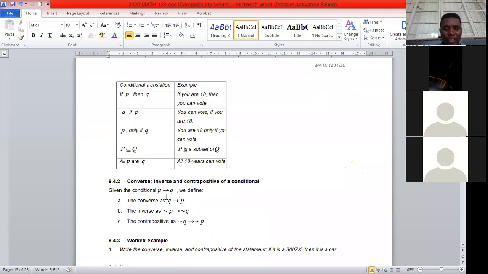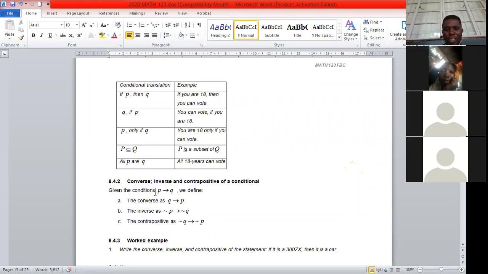I said, if I want to write the converse of a conditional statement, then if P implies Q, that is, if P then Q, which is a conditional statement represented by this logical symbol, implication, then I can write its converse as Q implies P. Then its inverse could be what? Not P implies not Q. And then its contrapositive is not Q implies not P.